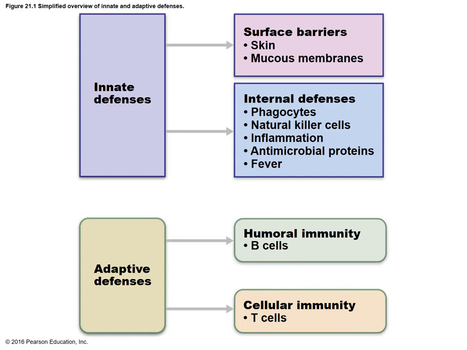Then the second line of defense, if something is able to penetrate beyond those initial barriers, will involve more internal defenses, things such as your phagocytes, your natural killer cells, the inflammatory response, fever, and various proteins that function in an antimicrobial aspect. The adaptive defense is going to be composed of the humoral immunity, which involves your B cells, your B lymphocytes, and then also your cellular immunity, which involves your T cells or T lymphocytes.